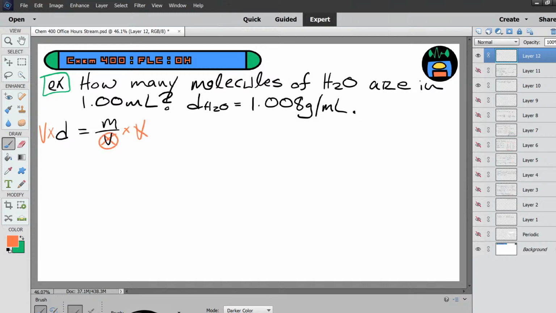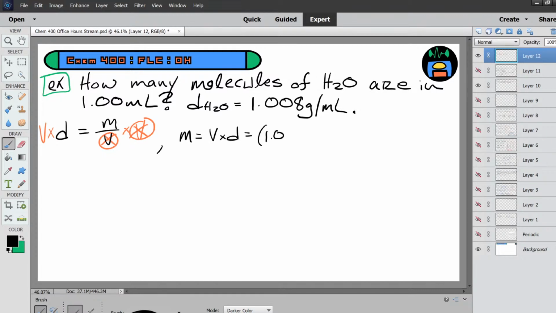So volume will cancel on this side, and our equation rearranges so we get mass is equal to volume times density.